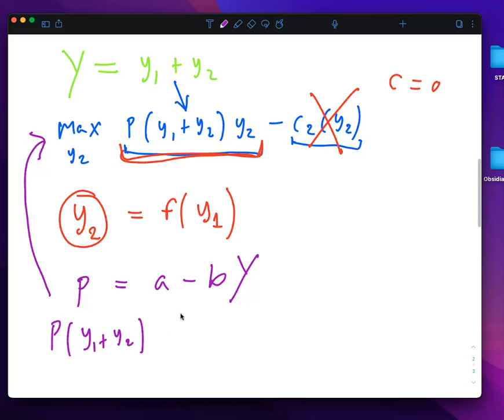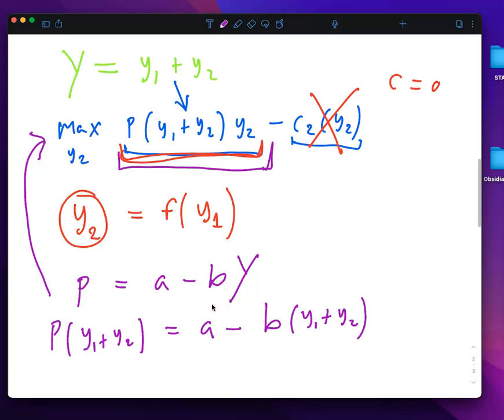And we're still assuming that costs are 0. So that means the profit then, remember, we're going to just focus on this. We are not considering costs at this point.